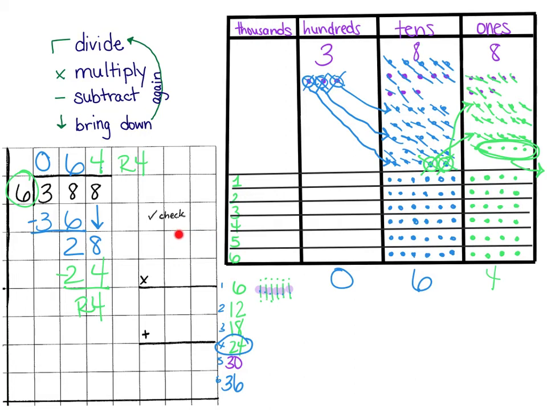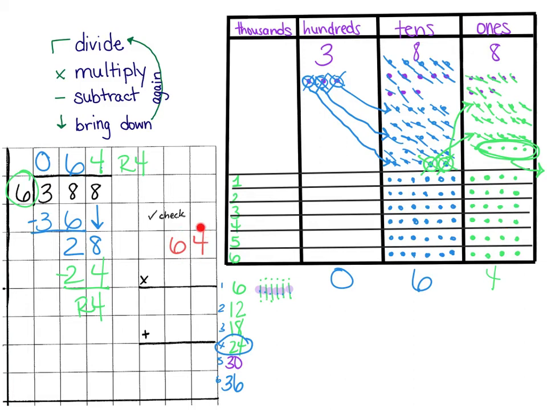So when we check our answer, we're going to start with the answer that we got, 64. And we're going to multiply it times the divisor of 6, because we have 6 groups. So we're taking a group of 64 and we're multiplying it times the 6 groups to find out how much it is.